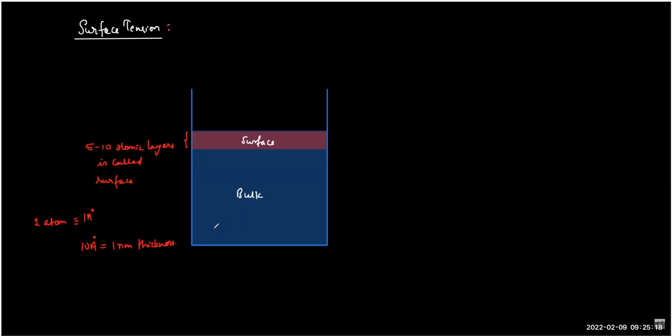But the question is how we decide who will be part of the surface and who will be part of the bulk. What are the criteria that we need to look for that will decide the differentiation? We'll see through some examples. Let me draw this water once again.